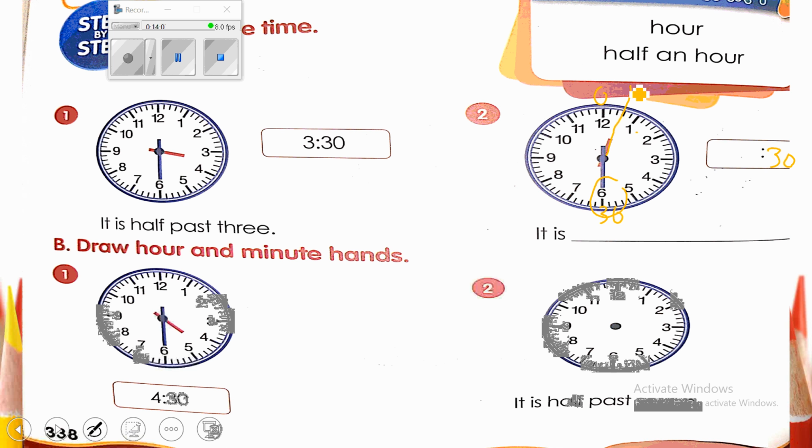Is it on 1? No. Between 1 and 12, so it's still at 12. 12, 30 minutes. How I write 30 minutes? Excellent. It's half. It's half past 12.